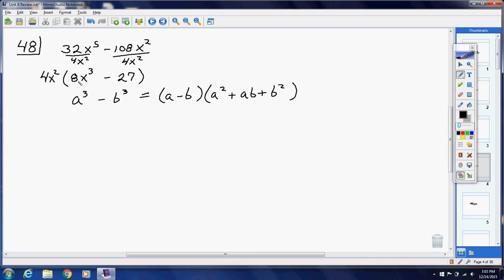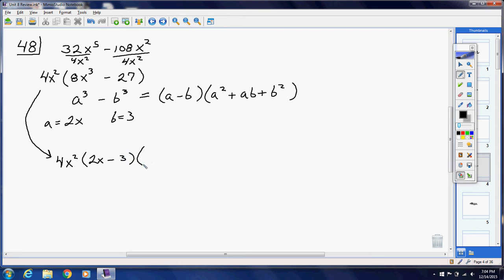All right, well, let's see. A is going to be 2x, because 2x times 2x times 2x is 8x cubed. So A is going to be 2x, and then B is going to be 3. The cube root of 27 is 3. So don't forget we factored out this 4x squared, and then we multiply it by 2x minus 3.